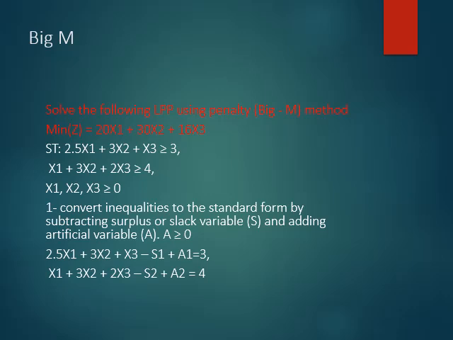20 is the coefficient of x1 and refers to the cost of 1 unit of x1. 30 is the coefficient of x2 and refers to the cost of 1 unit of x2, and 16 is the coefficient of x3.